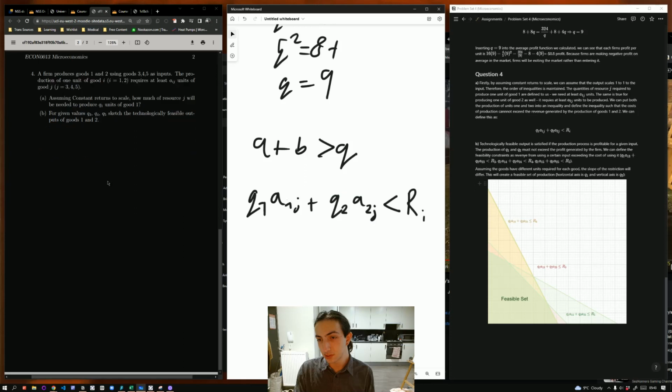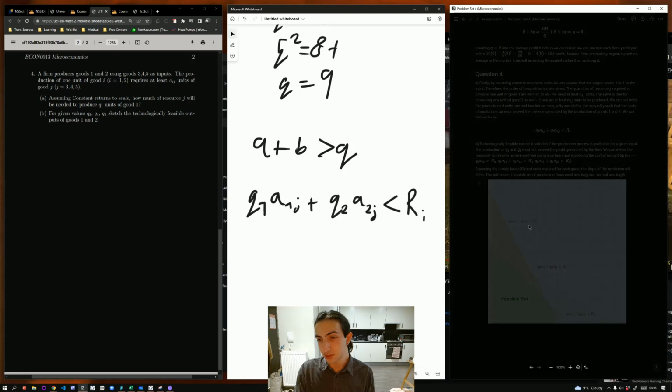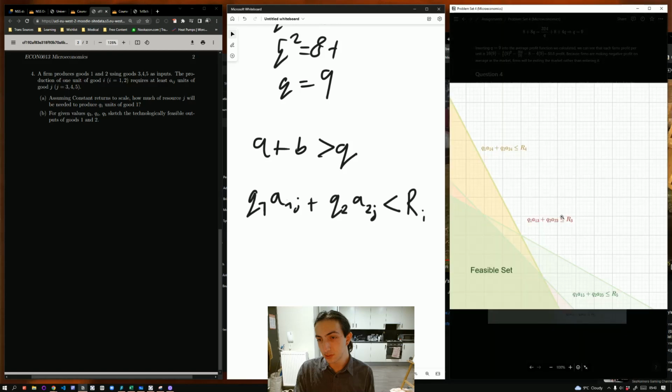For B, what we want to think about is, what if I repeated this for the other 3? Okay, what if that was possible? And I've given you an example here where I've created 3 restrictions and shown the feasible set. So imagine that you had 3 restrictions, all with their different kinds of things, they would all have these different lines here. This acts as a graphical inequality, and you can shade in a region where your feasibility works.